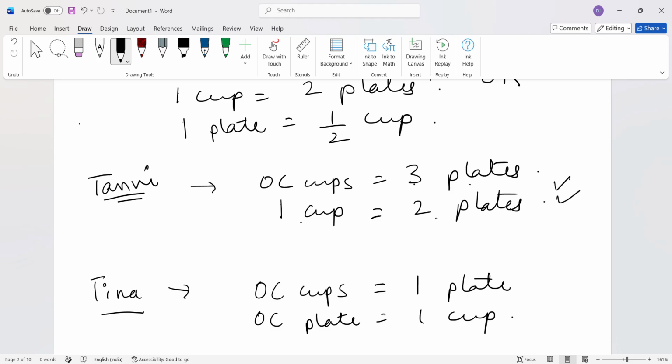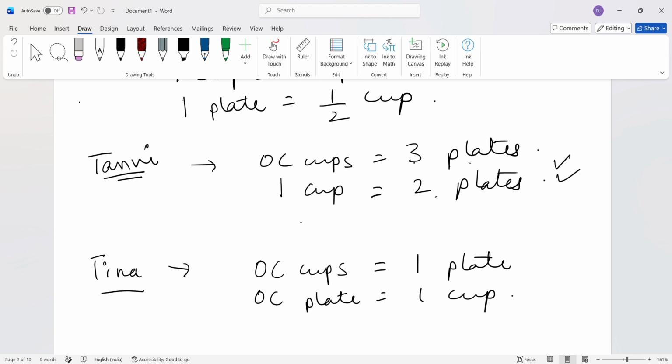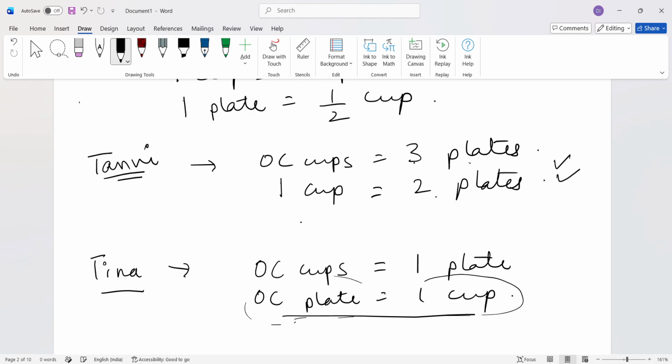For Tina, since she is buying plates, if she is producing a plate at home, she would be sacrificing 1 cup in domestic production.